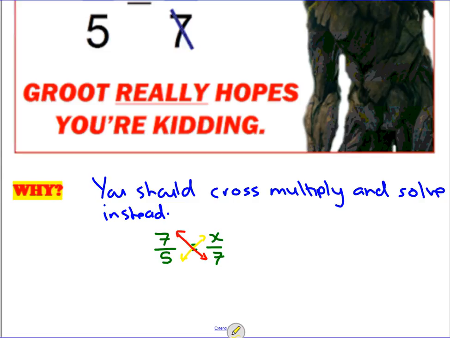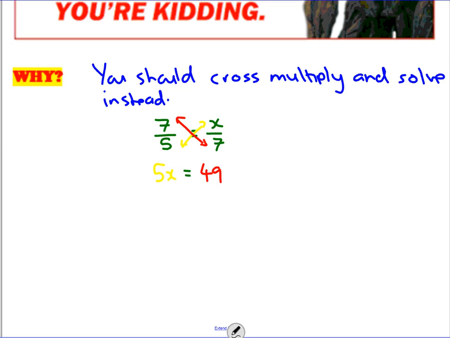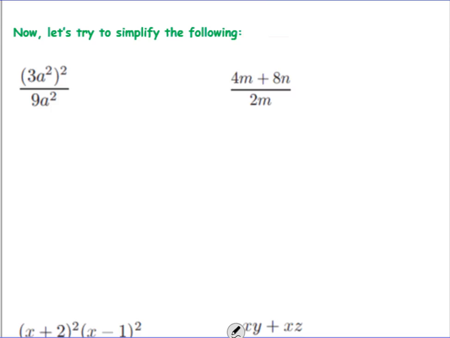So the yellow one, x times 5 is 5x, equals the red one, 7 times 7 is 49. And then you would just solve that. So x equals 49 over 5, which doesn't simplify. Brilliant.